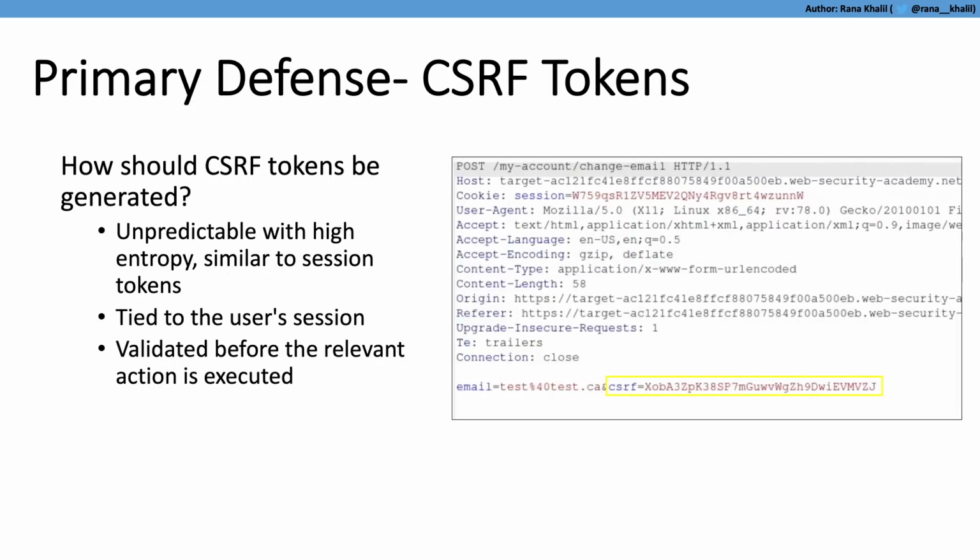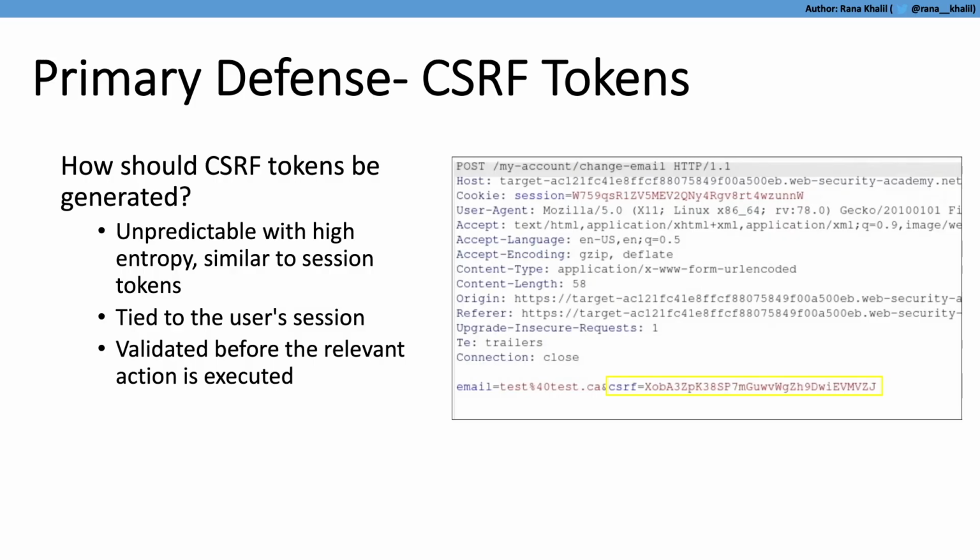So let's start off with the primary defense, which is the use of CSRF tokens. A CSRF token is a randomly generated long string that is passed as a parameter in the request and is tied to the user's session. So remember when we said that in order for a functionality to be vulnerable to CSRF, it has to satisfy 3 conditions. The first one being that the functionality has to be performing a relevant action.